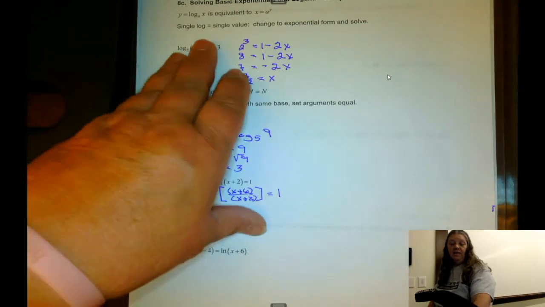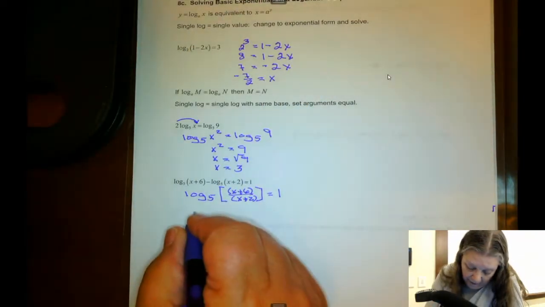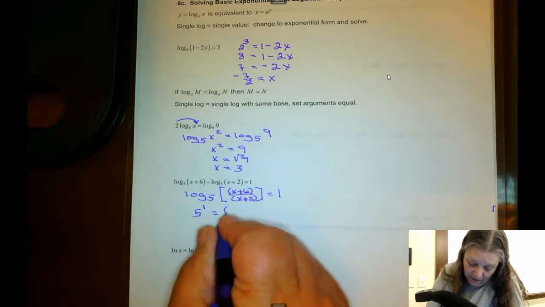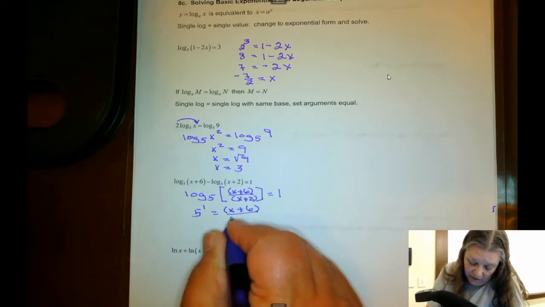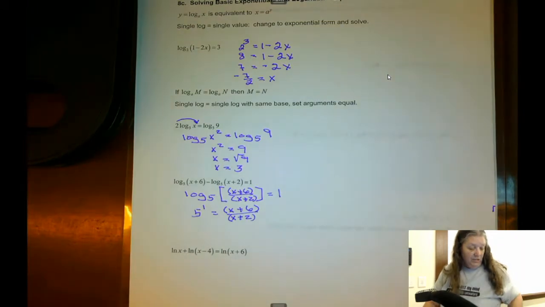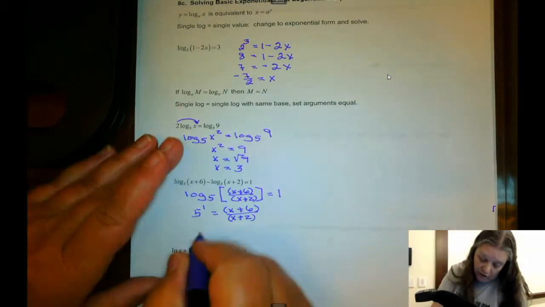Now it's like the first type where we change it to exponential form. So 5 to the first equals x plus 6 over x plus 2. So multiply both sides by the x plus 2.